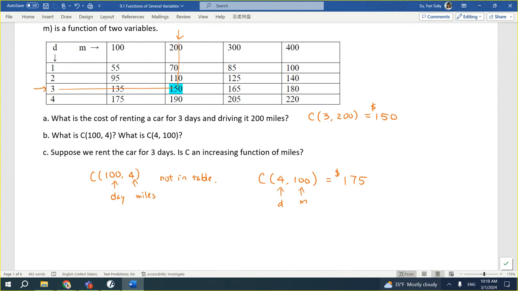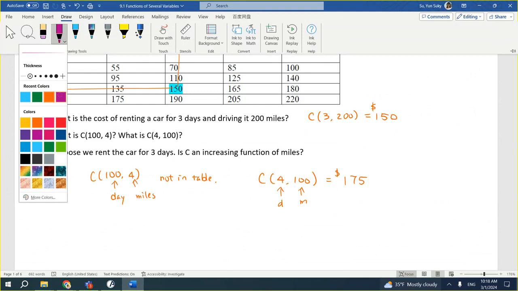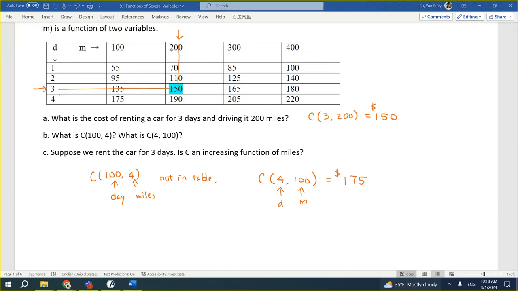Okay, so part C. Suppose we rent a car for 3 days. Is C an increasing function of miles? What does that mean? We look at the row of 3.